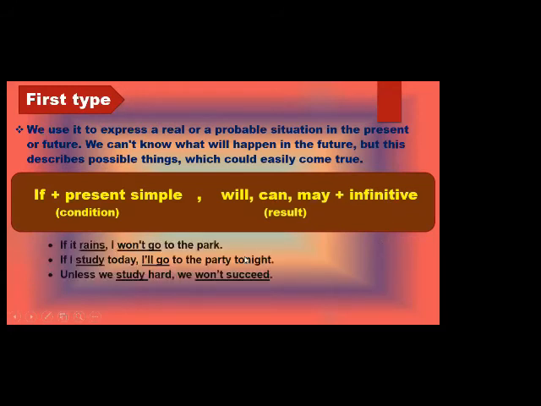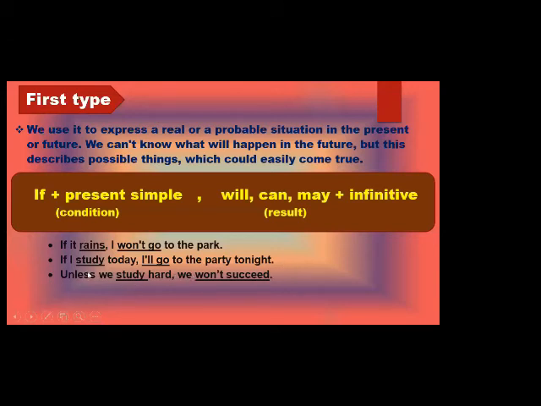For example: if it rains, what will happen? I want to go to the park. In the condition, it's in the present simple, rains, and the result is won't go: will plus not plus infinitive. If I study today, I will go to the party tonight. The condition, study, is in the present simple, and the result is I will go to the party tonight.